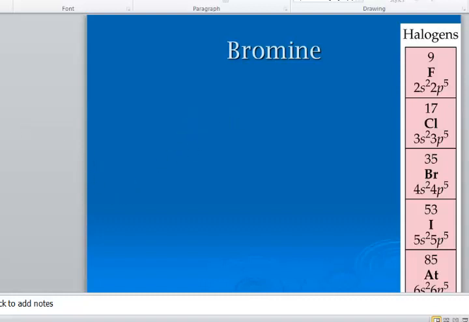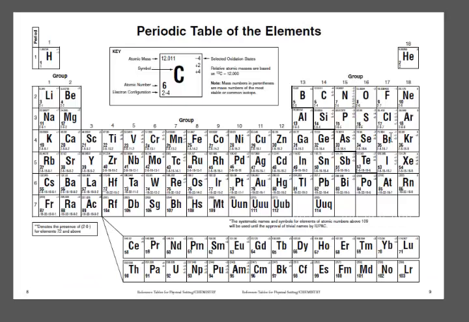Okay? All right, now we're going to do bromine first. Now remember, the first two things that you have to figure out when you are doing the electron configurations is that you have to figure out how many electrons you're dealing with and what section it ends in. So if we come over to bromine, and I can't write on this screen, so it's a little bit tough to see.